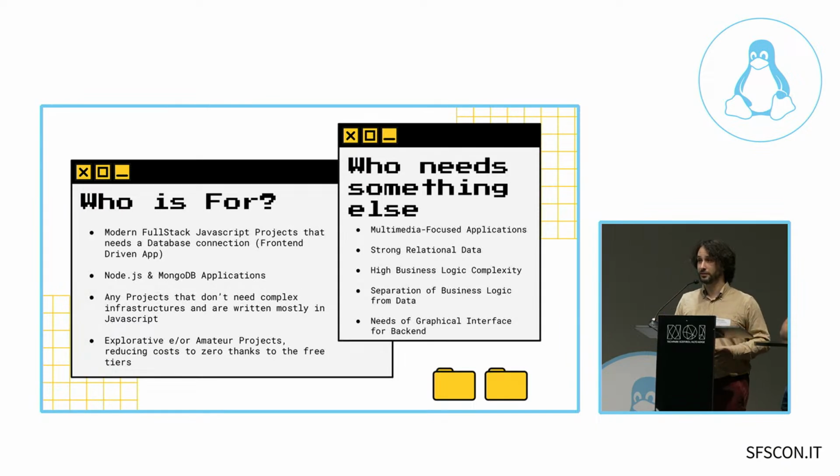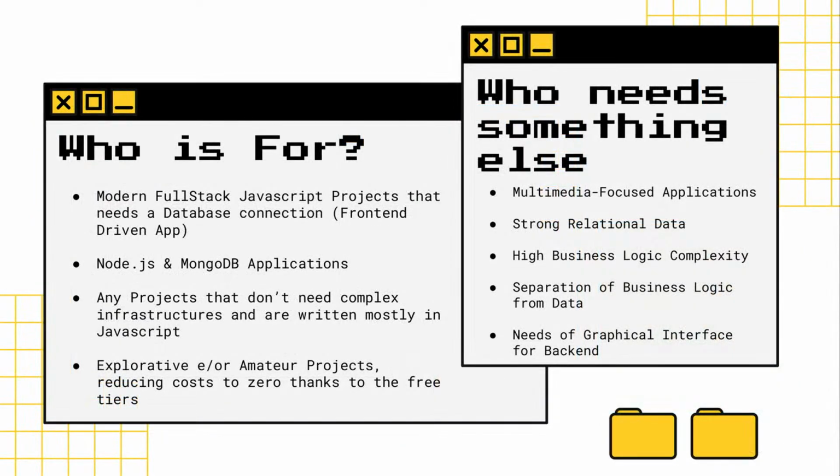And what is it for? It's for a modern full-stack JavaScript application. I think about Next, Nuxt, Svelte, that need a database connection and want to make it very easy and straightforward. In general, MongoDB with Node.js applications, existing or brand new. Any project that doesn't need complex infrastructure and is written mostly in JavaScript.